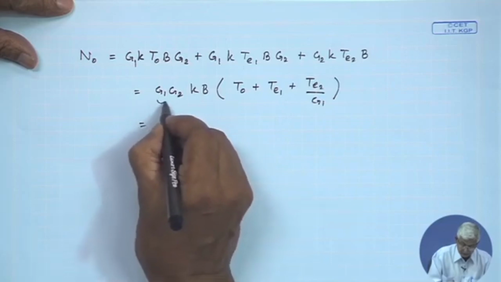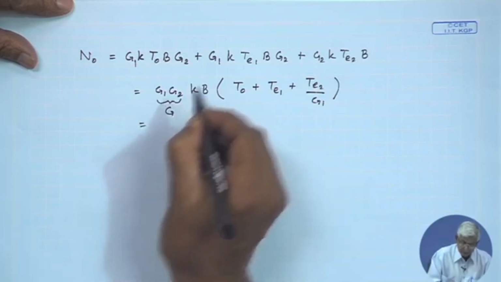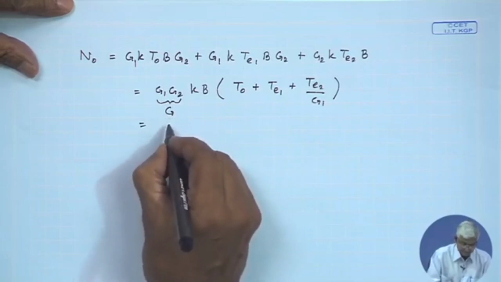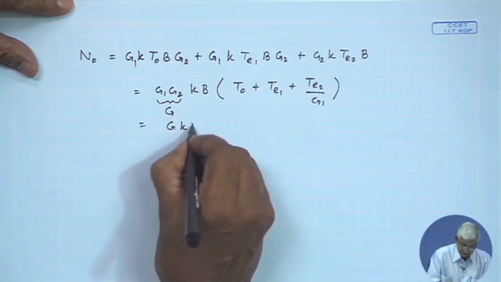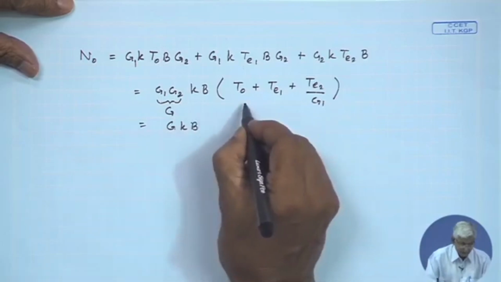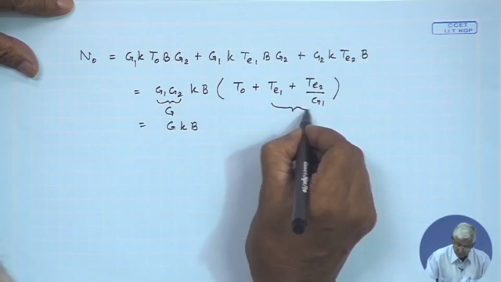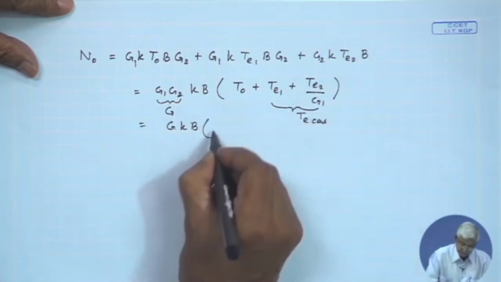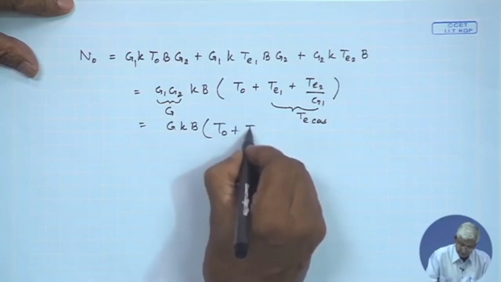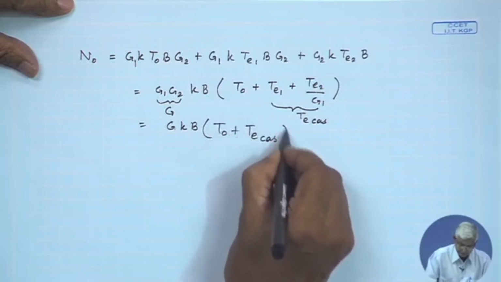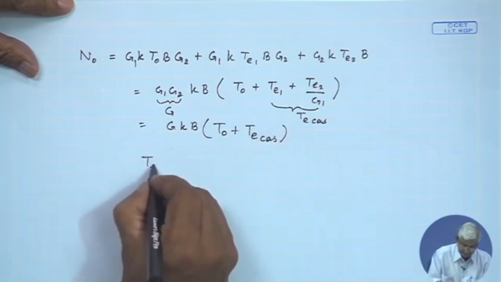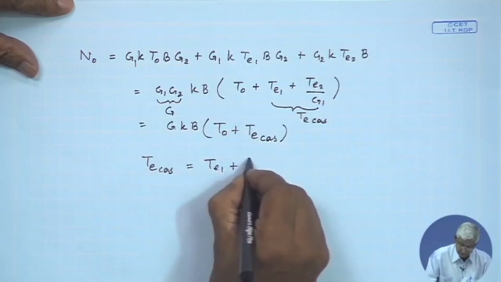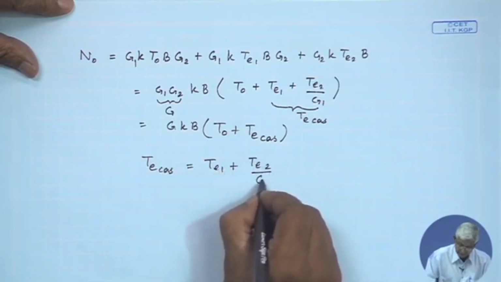Now, this is the equivalence we have said, that total G into K into B, and this one we can say TE cascaded. So, it will be T0 plus TE cascaded. That means TE cascaded is equal to TE1 plus TE2 by G1.